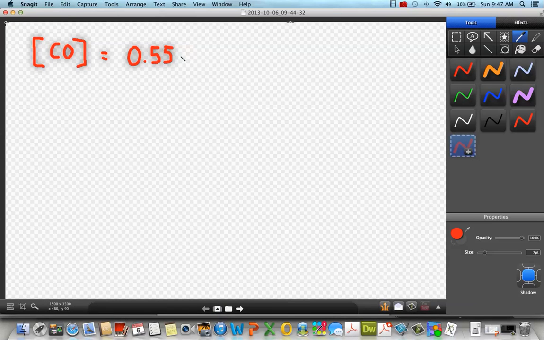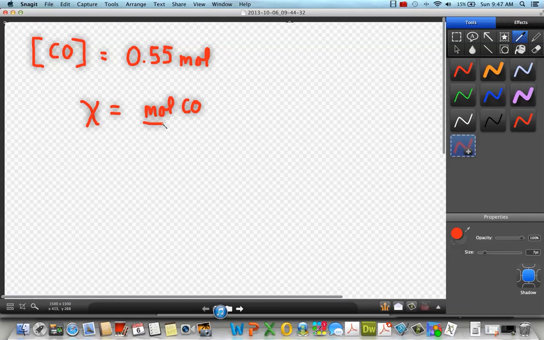I'm going to assume 1 liter just to keep it simple. So remember, mole fraction of CO is equal to moles of CO divided by the total number of moles in the system.